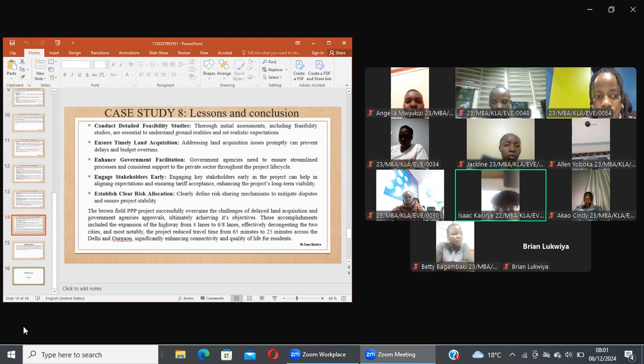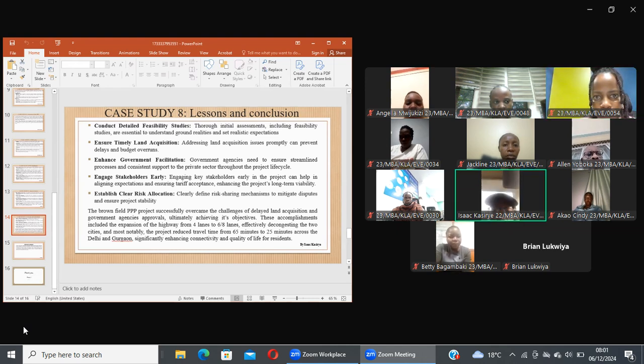The other lesson learned was the need for government participation. Government agencies needed to ensure streamlined processes across the private life cycle. There was also a need to engage in stakeholder management early on.